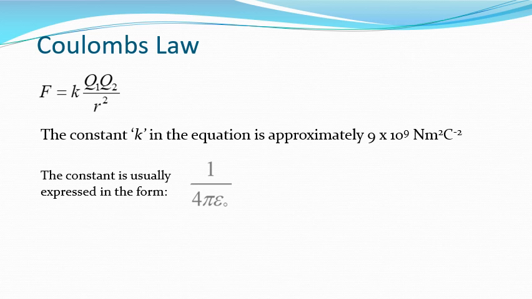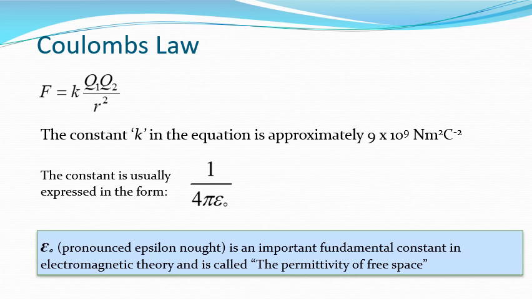This is usually expressed in a particular form, 1 over 4 pi epsilon naught, where the character there is the Greek letter epsilon. Epsilon naught is called the permittivity of free space, and that's sometimes called the electric constant in some documents as well. It has a particular value, which is on your data sheet, 8.85 times 10 to the minus 12.